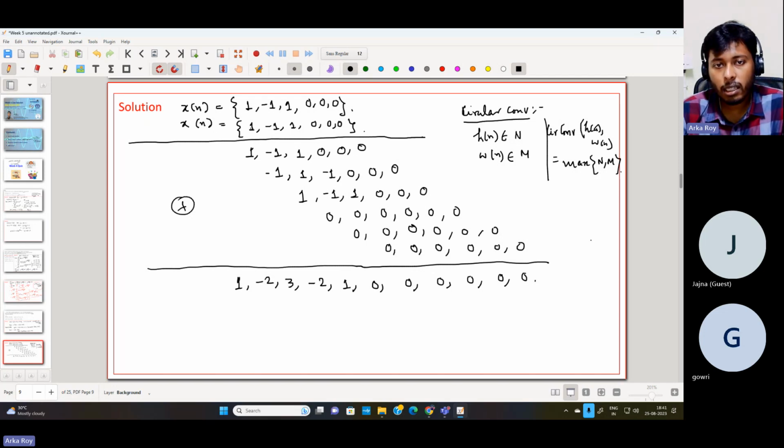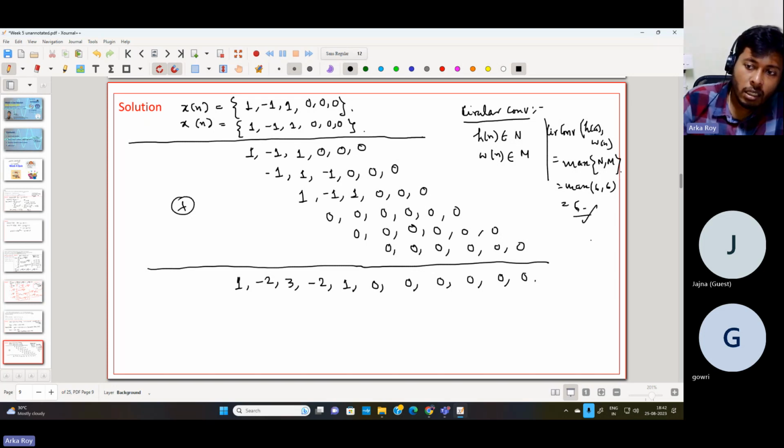So in this particular case, we can see that there are two sequences, and these sequences are apparently the same sequence, and both have a total of 6 points. So therefore, max of 6, 6. So it is 6 only. So the output of this circular convolution will have only 6 sample values.